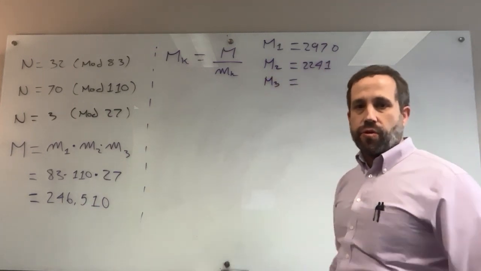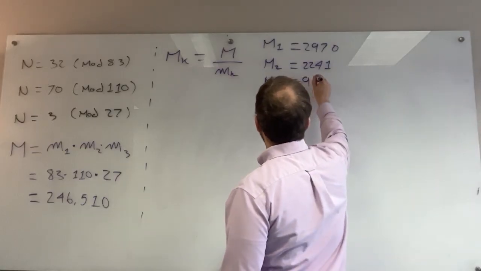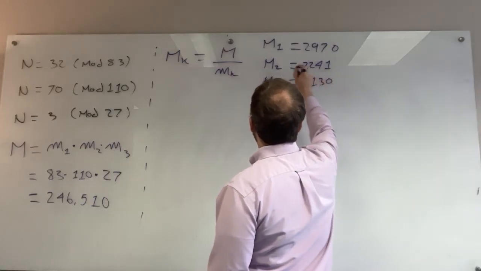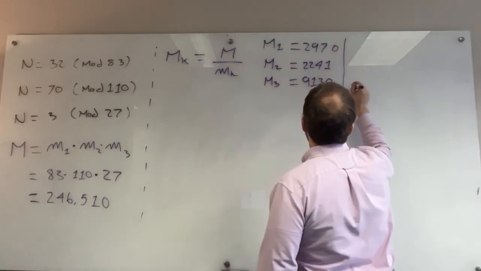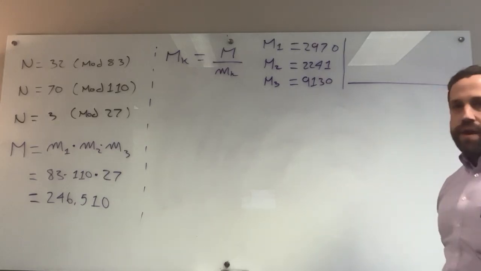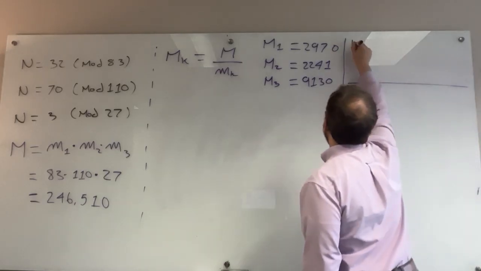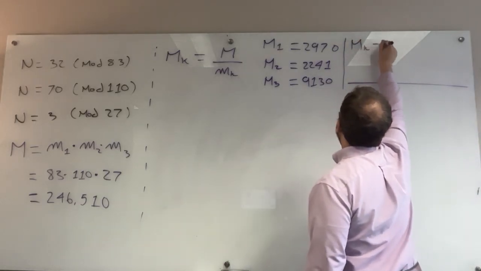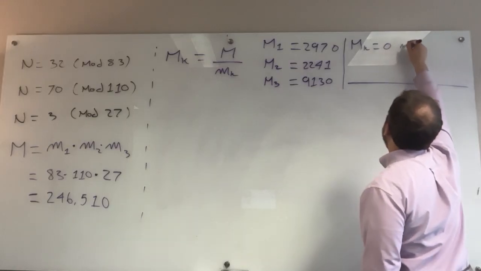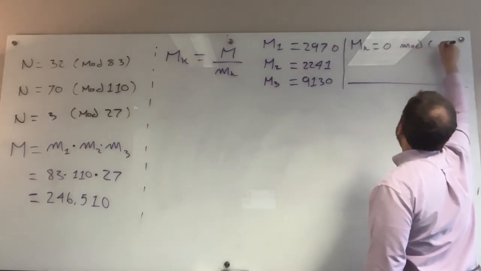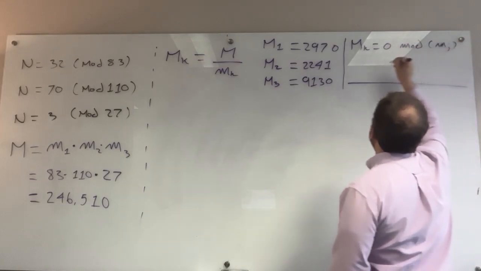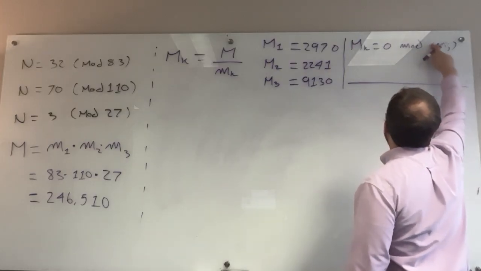And big M3 is 9130. Okay, so here's another observation that I want to make: notice that M_k is congruent to 0 mod m_j, for j not equal to k.